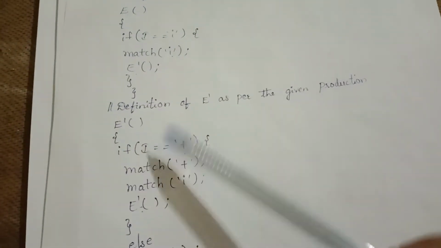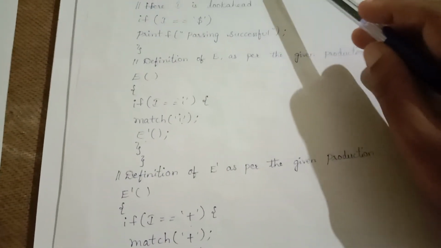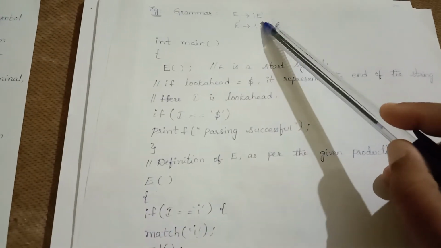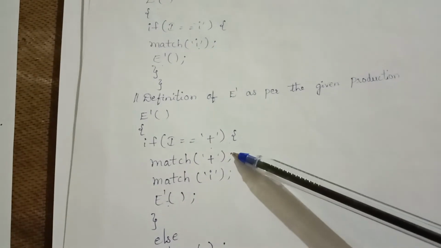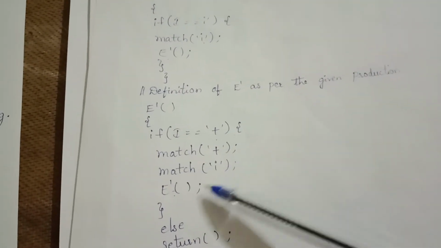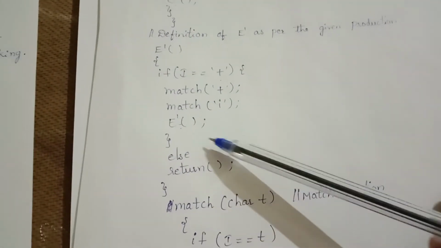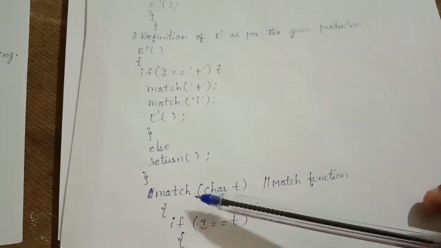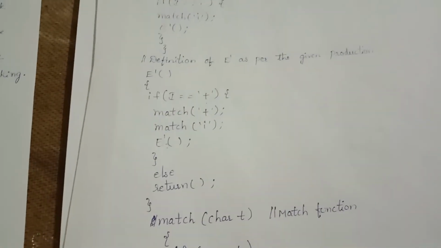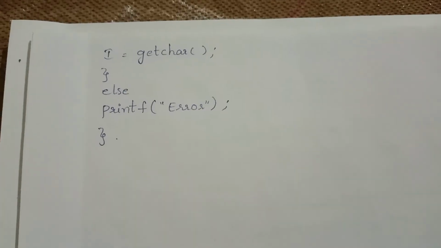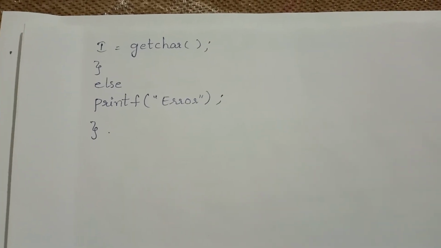In E dash, if I equal to plus, match plus, and then match I and E dash, else return. To match a character T: if I equals T, I equals getchar, else printf error.